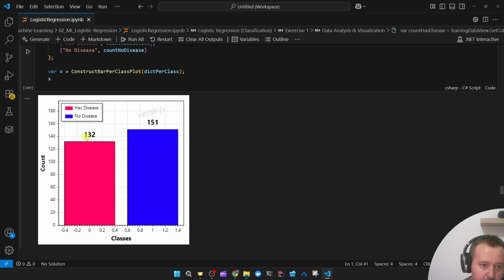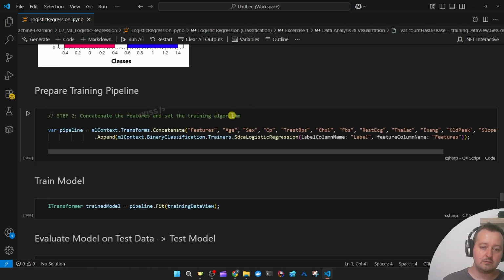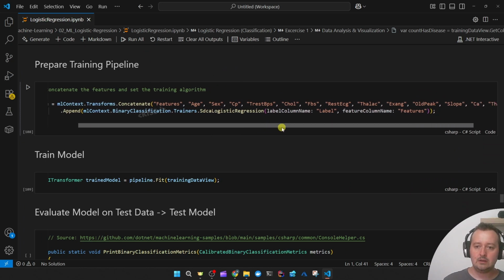So has disease 132, no disease 151. This is important to see whether our data is balanced. It would be not so good if we only had 10 samples of has disease and then 200 samples of has no disease. Then the model is going to tilt towards predicting has no disease all the time because that's the most probable.